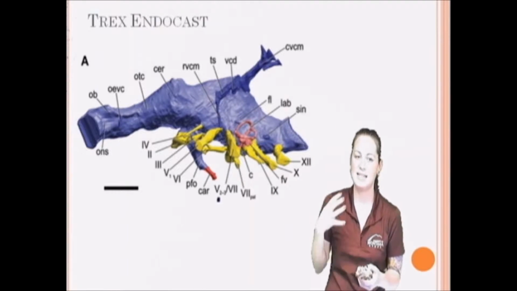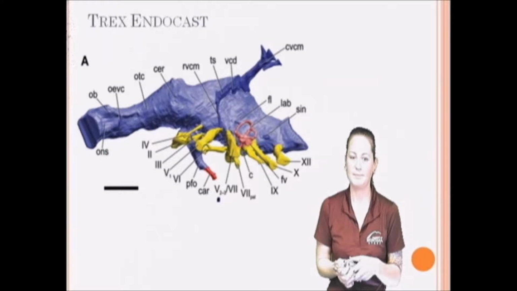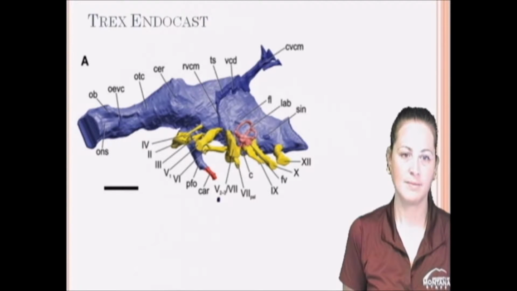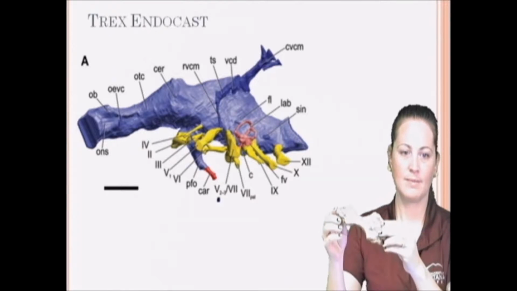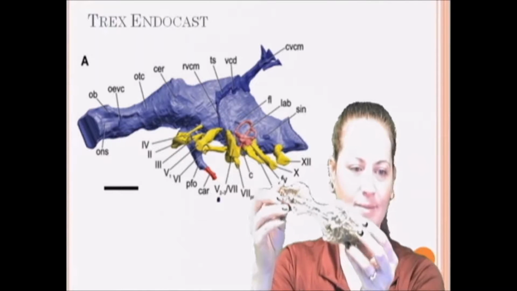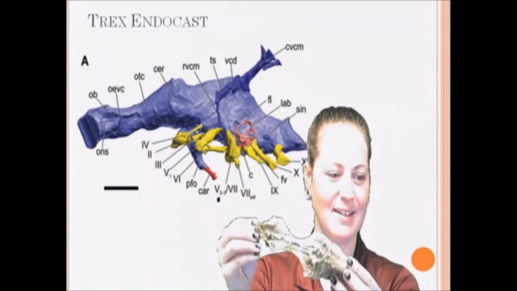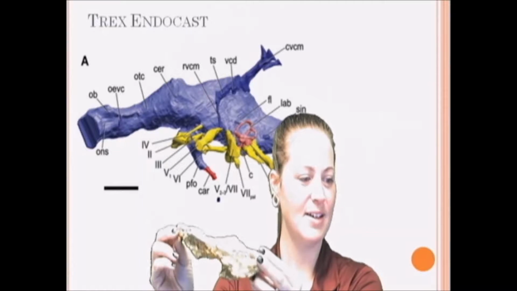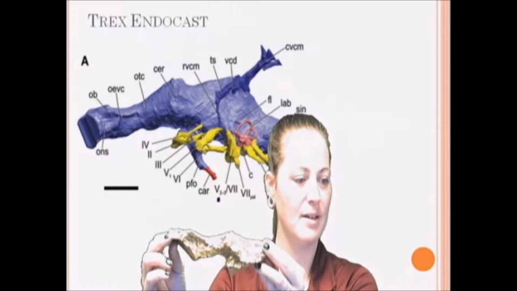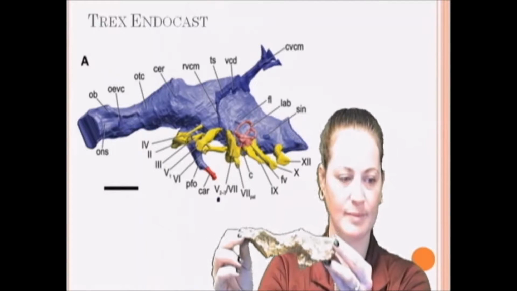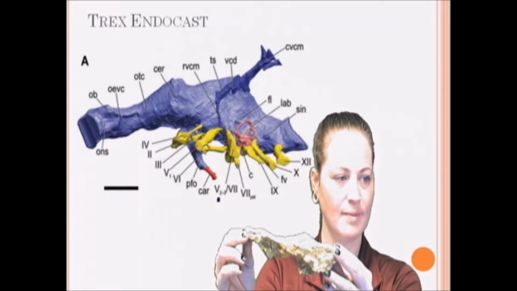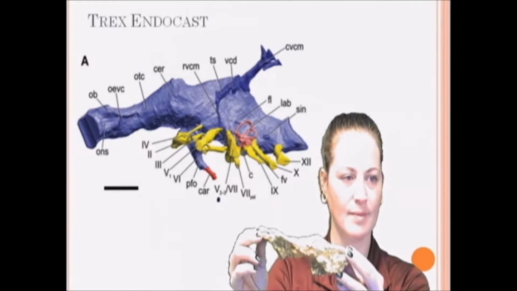Where do you think the smelling region of the brain would be? Let me move mine. So now it's oriented the same way that the picture is. So, the smelling region, what do you guys think? Using those letters or numbers up there.